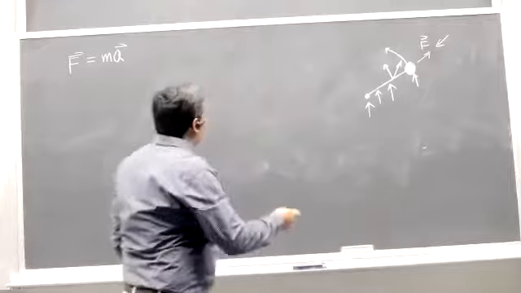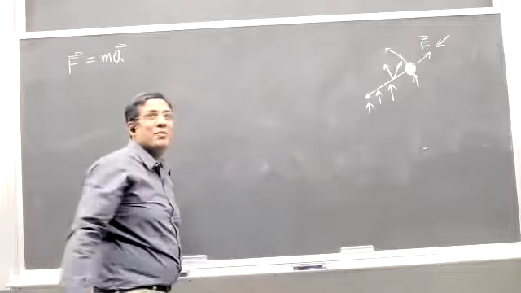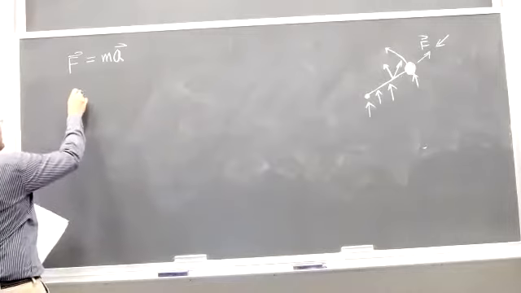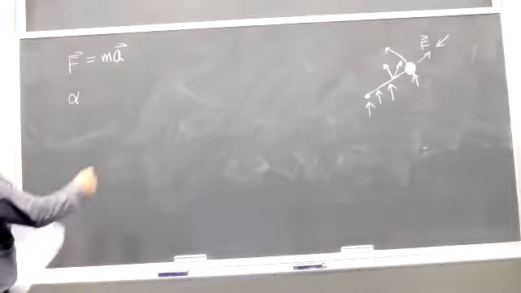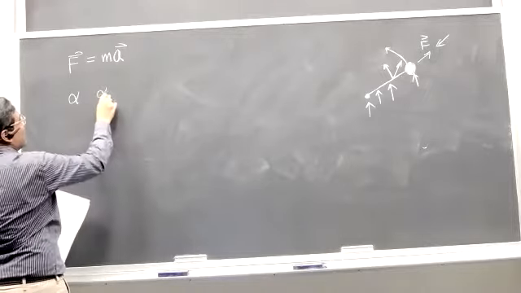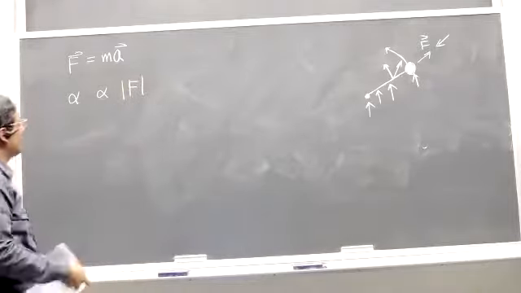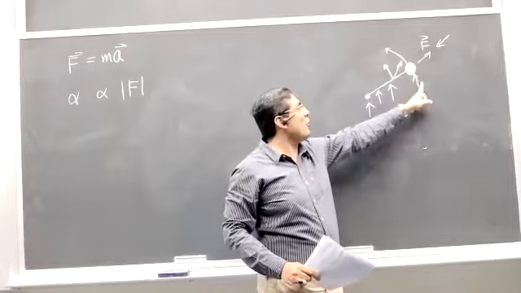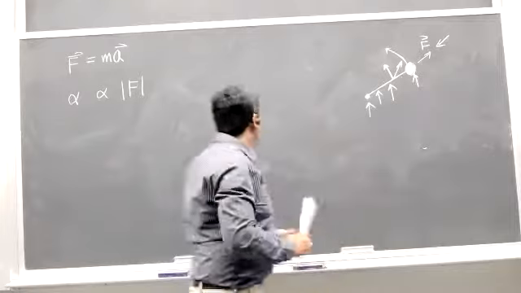So let's say that the force, or whatever agency produces rotational motion, would actually be producing the rotational acceleration, no? And it's very clear that the rotational acceleration is related to the magnitude of the force. You can observe that experimentally. Bigger the force produces more rotational acceleration, smaller the force produces smaller acceleration.